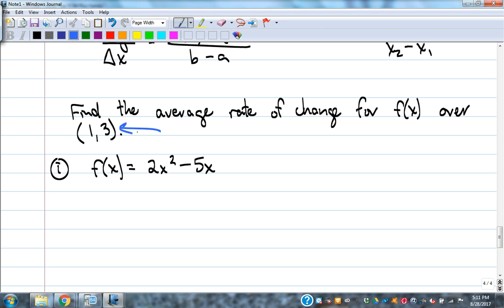It's important to keep in mind that that is not an ordered pair. It says over 1, 3. That is an interval.